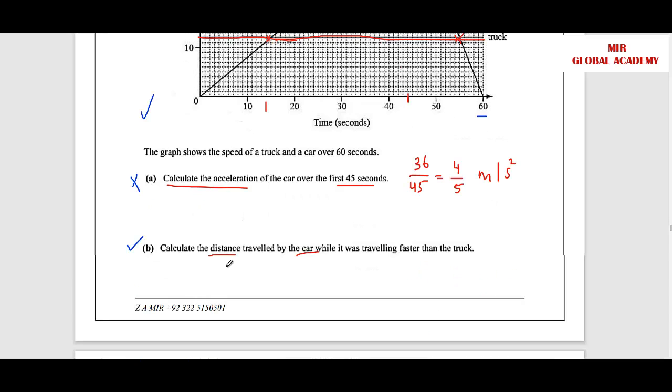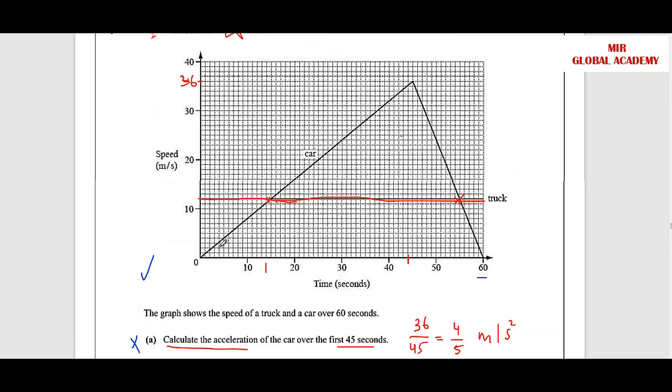Calculate the distance traveled by the car while it was traveling faster than the truck. Look here. Here the speed is increasing. The speed of the car is increasing from 0. But the truck was just moving at 12 meter per second at the start of our observation.